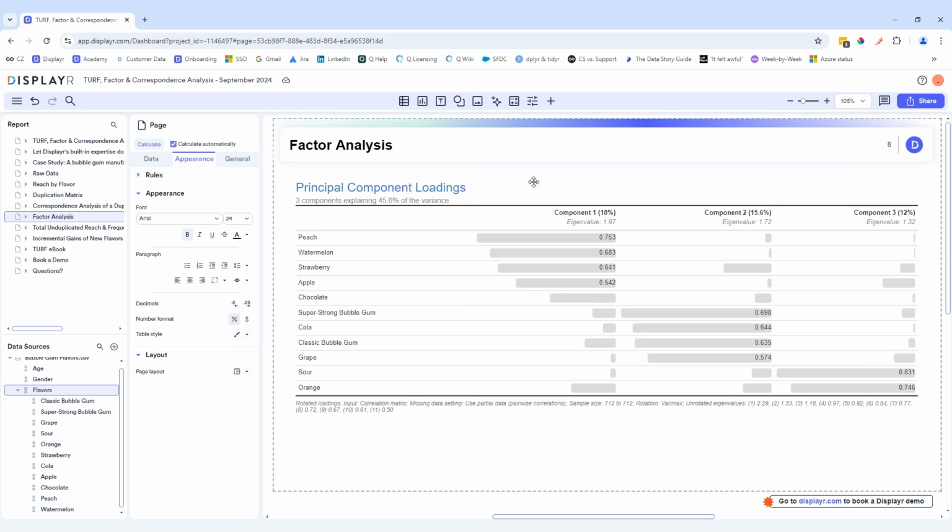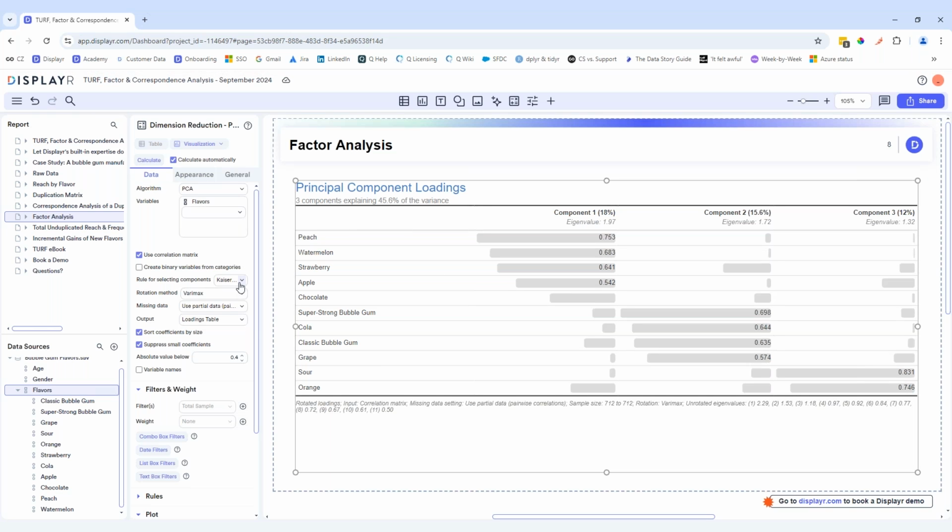Now, by default, Displayr uses something called the Kaiser rule to work out the number of components. But it's usually worth checking to see if this is clearly the best solution or if there's a bit of noise. And we can check by changing the output of our factor analysis from a loadings table to something called a scree plot.